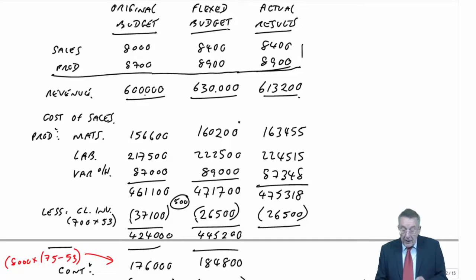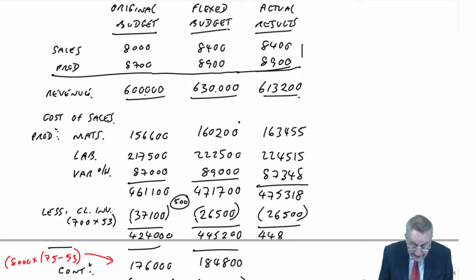On that basis, we get a cost of sales of 475,318 minus 26,500. I hope I'm right here. 448,818.